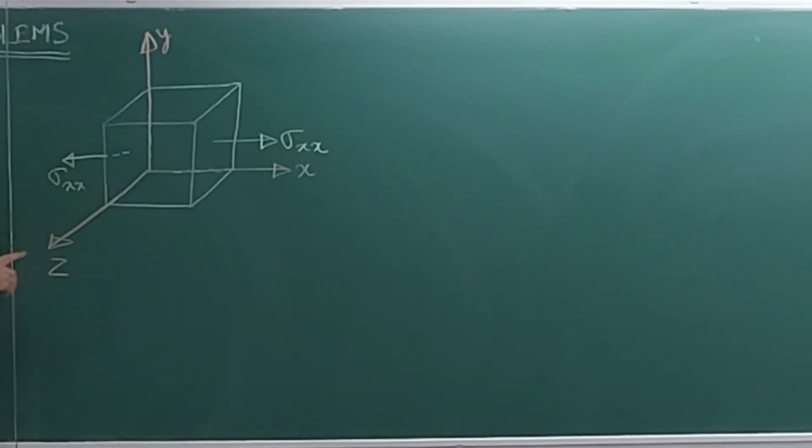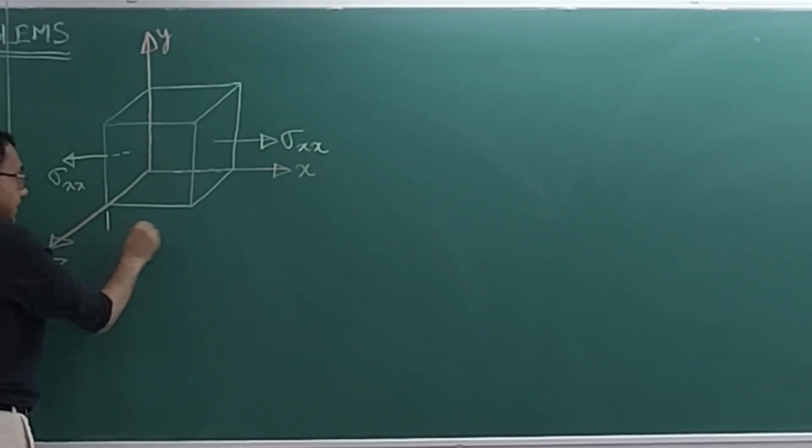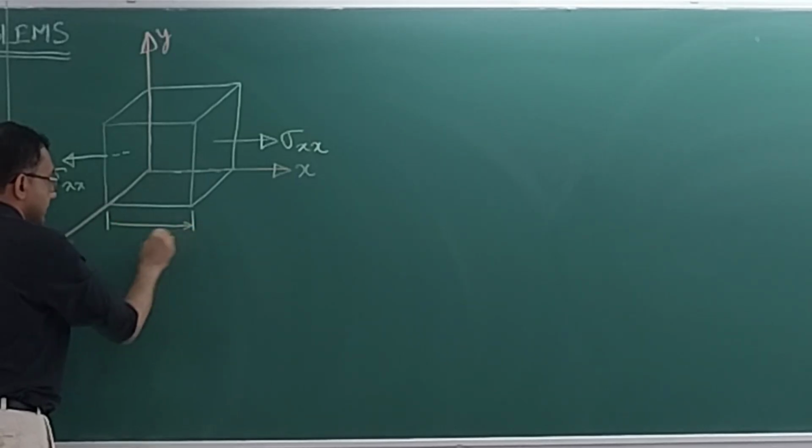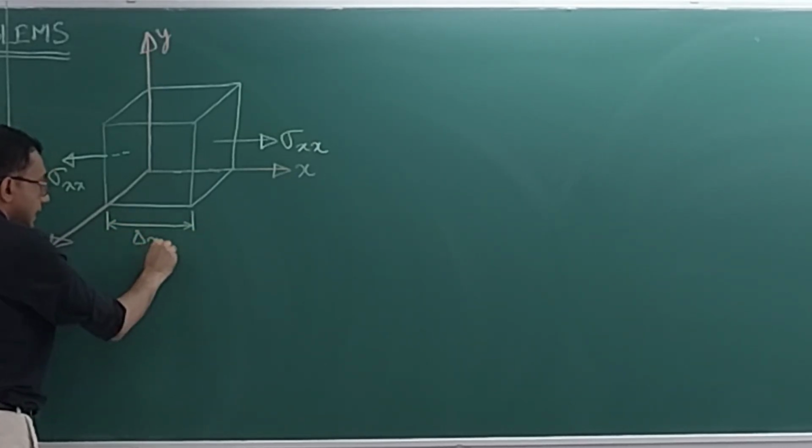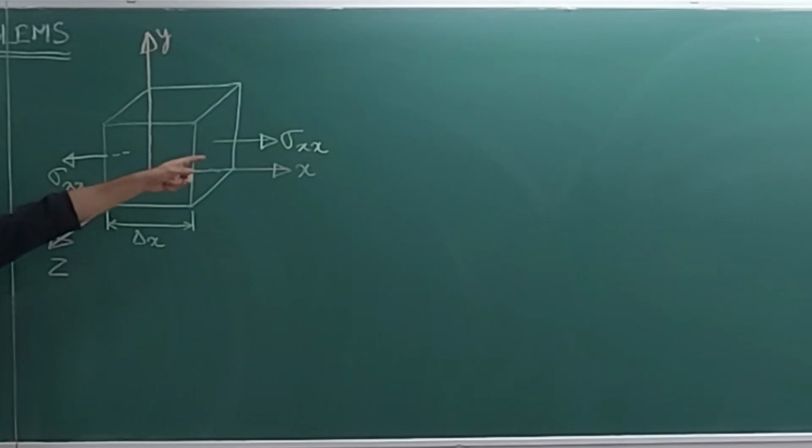Had this state of stress been referred to just a single point, then this would have been the correct picture. But this is not the correct picture now, because we have actually extracted this actual physical chunk of material. So on this plane you have sigma xx, but at an increment over this length, which is delta x. This length is delta x. You do not have the same sigma xx.